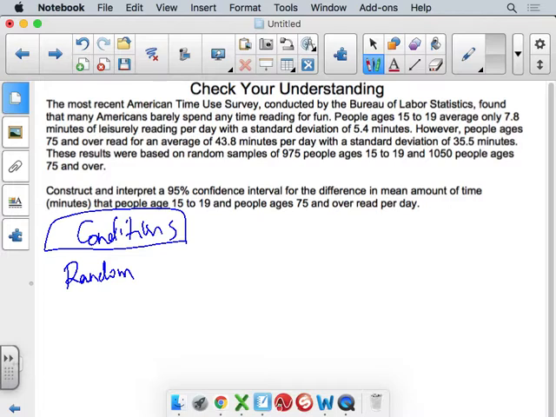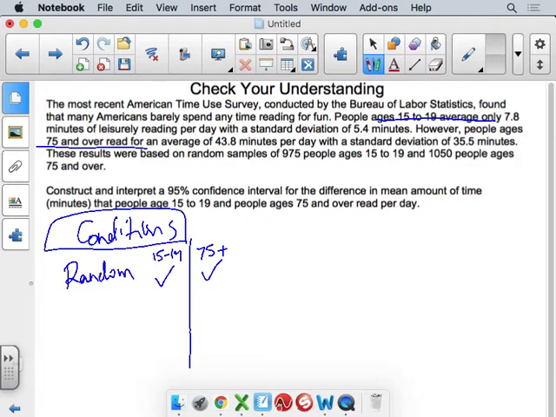So on the conditions, I need to go to the actual problem here. What's happening is people ages 15 to 19, how much they read in a day, versus people ages 75 and over, average time they read. When you're doing your conditions, you need to do it for both groups. So I'm gonna write 15 to 19, and then 75 plus. It says in the paragraph that they did a random sample of both of those.